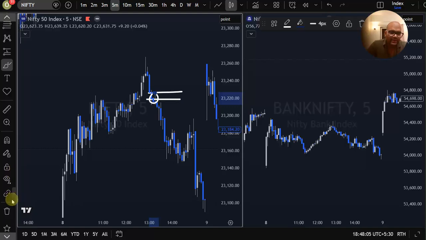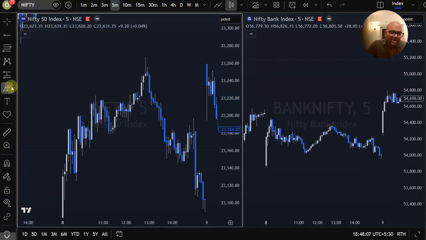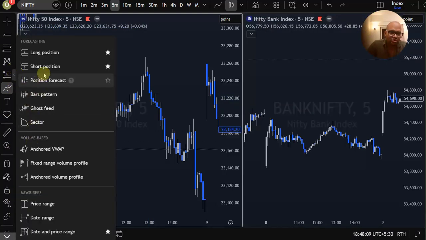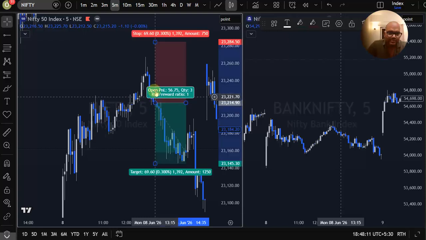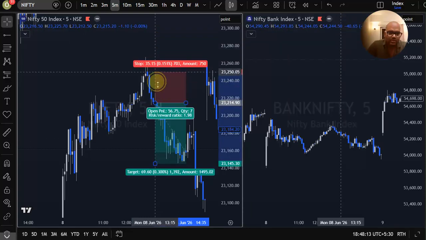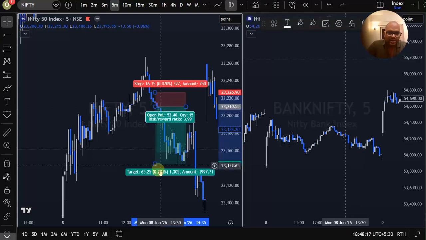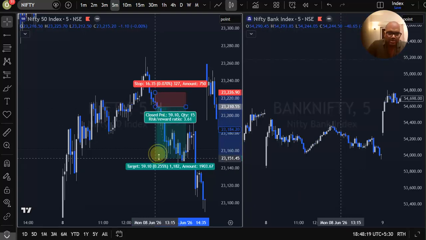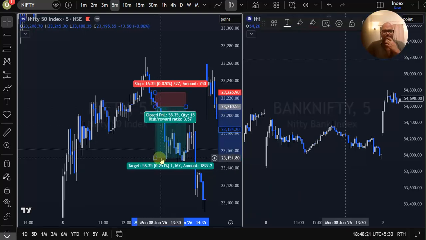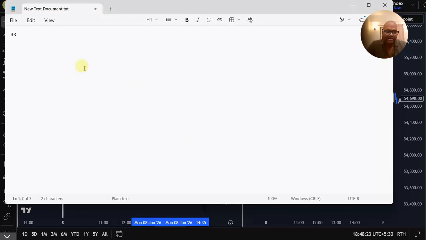This is your pullback entry. The type of entry is a pullback. So you will short this market and you will exit around the wick when the wick is falling. So we got 3.57, so a 3.57 trade.